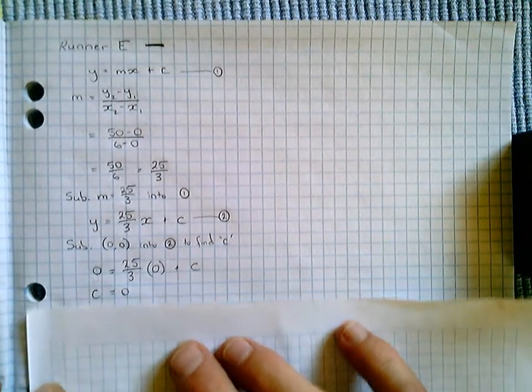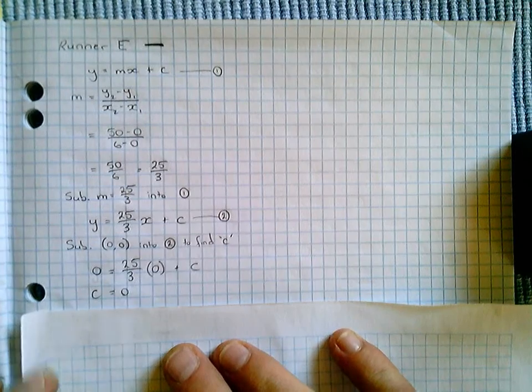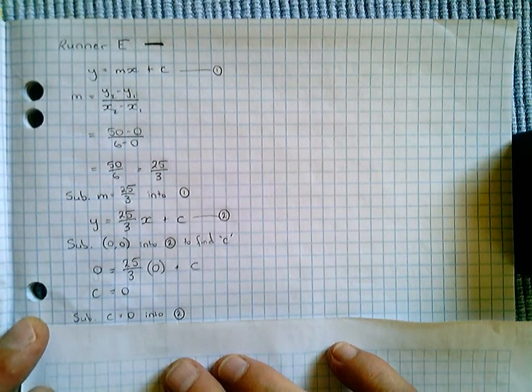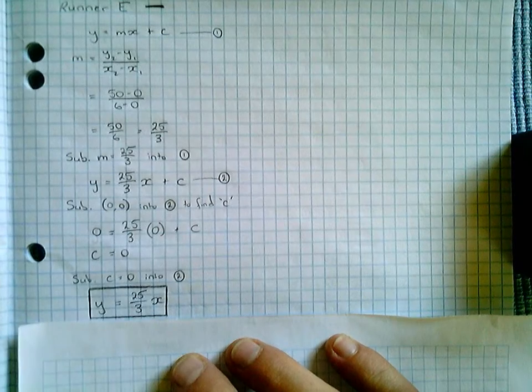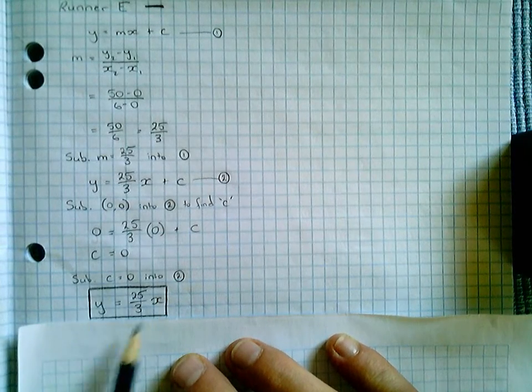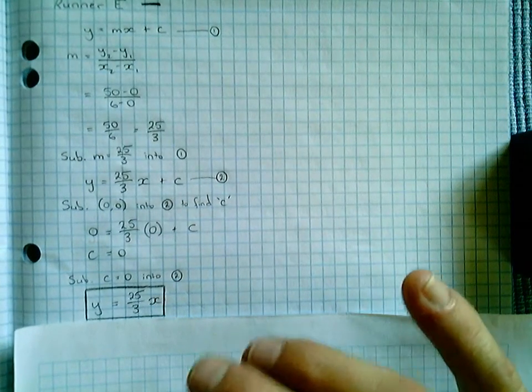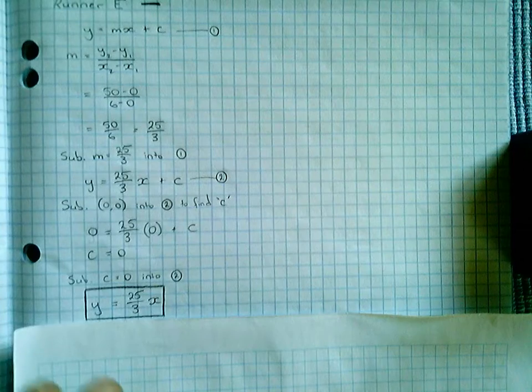There's the substitution for C, there's the solution. We then need to finally substitute that value of C, which is 0, back into equation 2, which we don't actually have to write a C value, we just get left with this here. So there's our 5 functions for our runners.